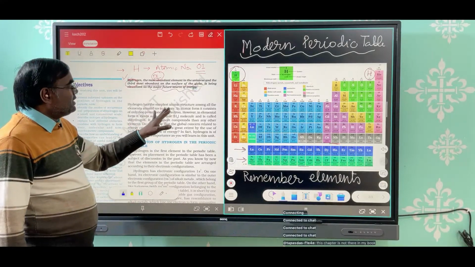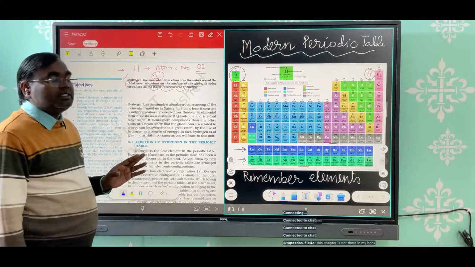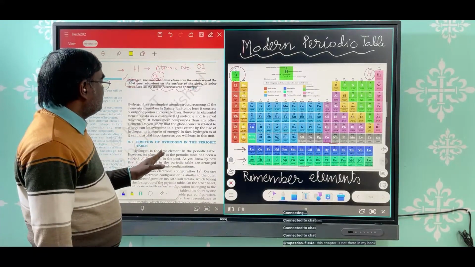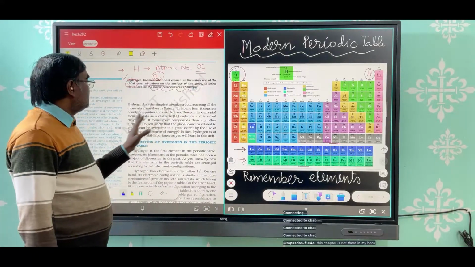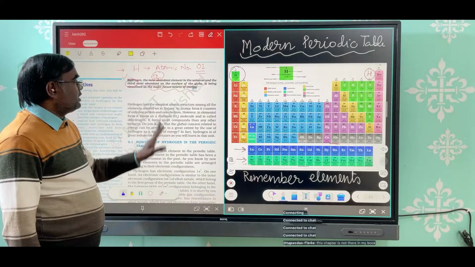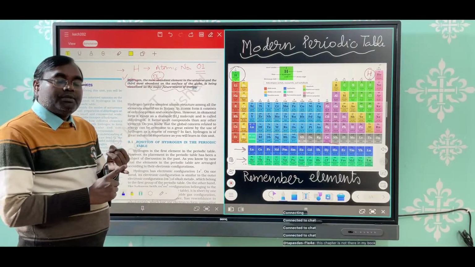Hydrogen has the simplest atomic structure among all the elements around us in nature. In atomic form, it consists of only one proton and one electron. So one atomic number means one.